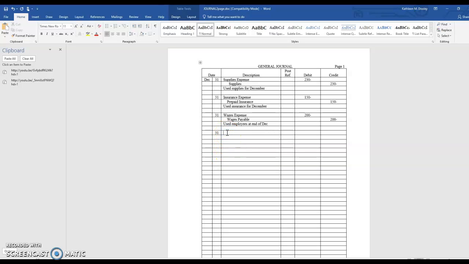Okay, we said we're going to debit depreciation expense the 150 and credit, which is indented, accumulated depreciation dash delivery equipment for the 150. And we're showing that we used equipment for December.